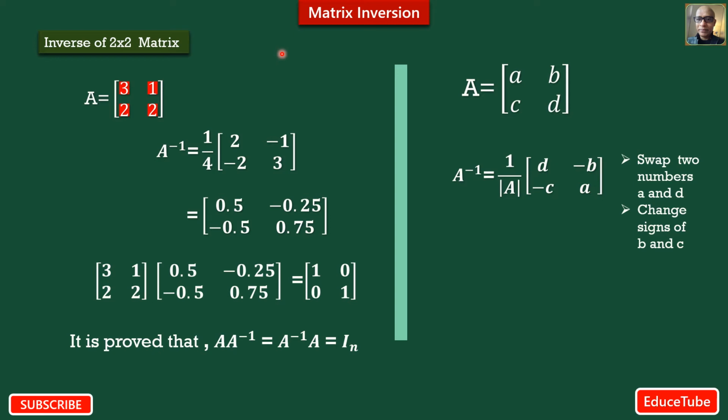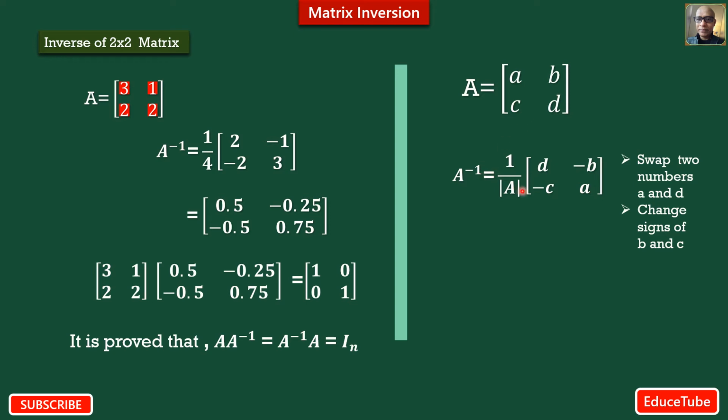Inverse of a 2 by 2 matrix. Here we can see the same matrix we saw in the previous slide, A equal to A, B, C, D. But I wrote here directly the result of A inverse.